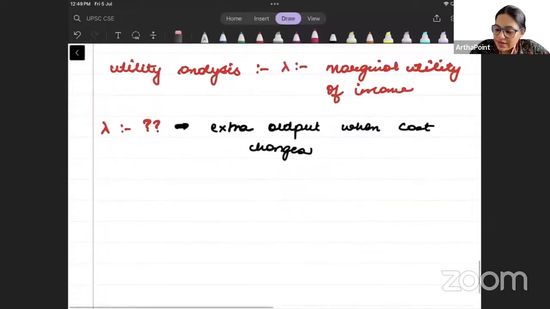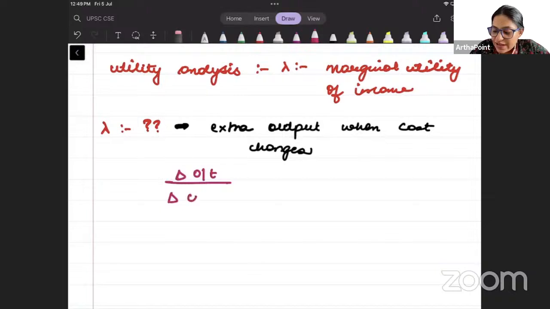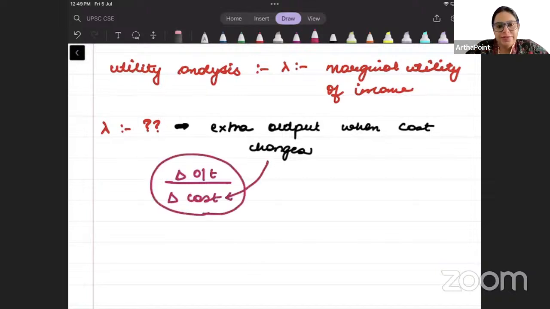What will be the extra output the firm will be able to produce if I give one additional rupee for the firm to spend, right? This is what this lambda tells me here. Always remember this interpretation of this lambda. So just try to understand this aspect, okay?